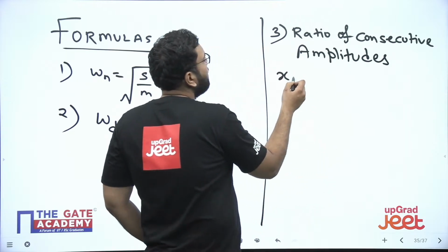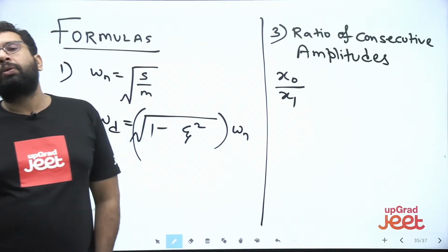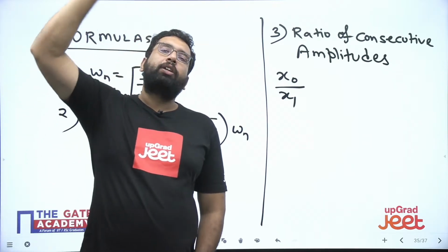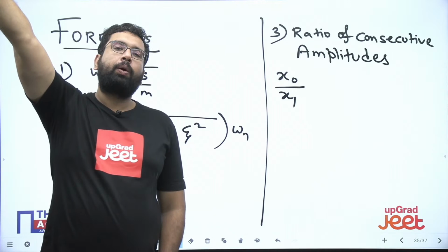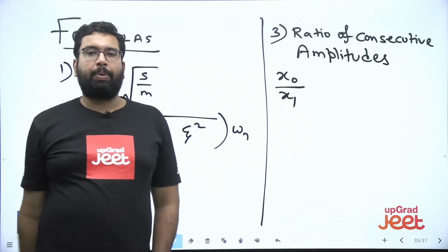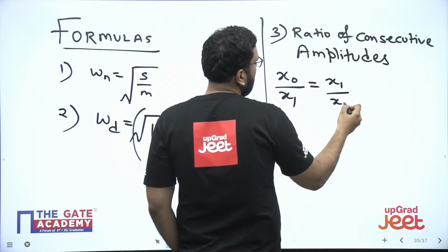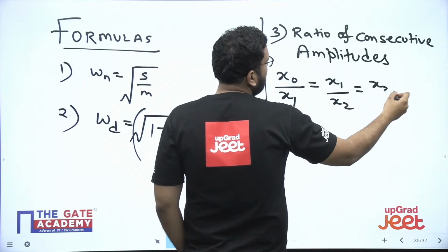So we can call it x0 by x1. What do x0 and x1 refer to? x0 refers to the initial displacement we have given, and x1 refers to the displacement after completion of one period. You can write it as x1 by x2 also, or x2 by x3.